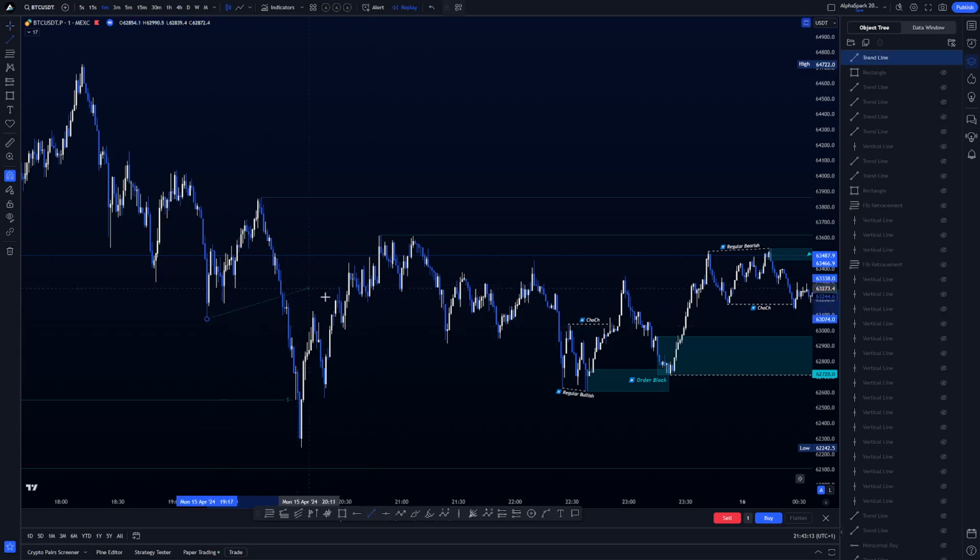It could just reverse to a previous structural point. It could reverse to any of these breakers, any of these order blocks, any of these gaps. So the take profit is always a little more uncertain. So we don't usually do trades like this.